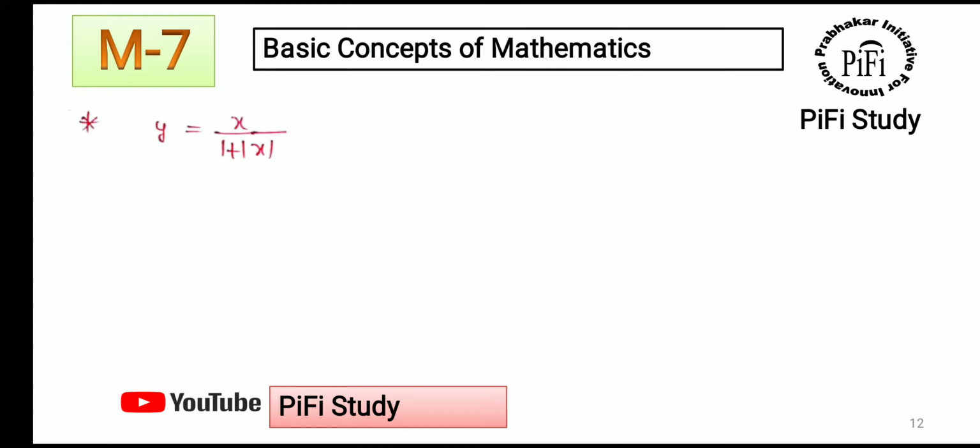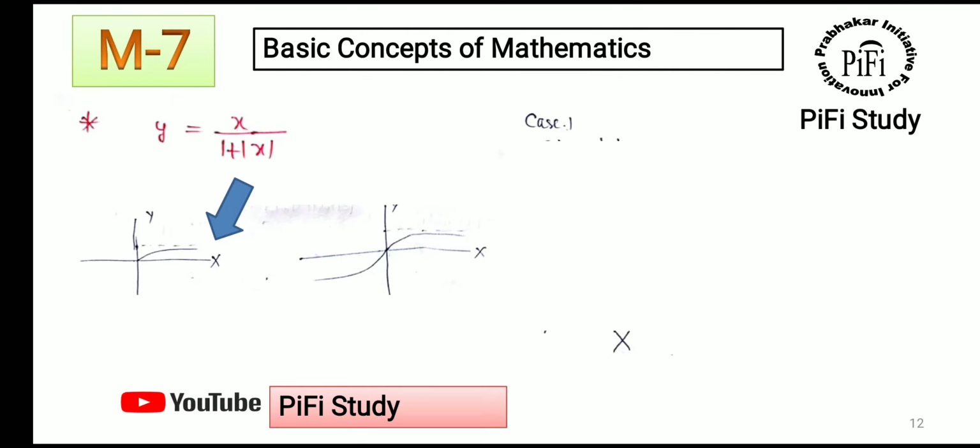Then next, if y is equal to x upon 1 plus mod x is given, then first draw y is equal to 1 by x type of plot.